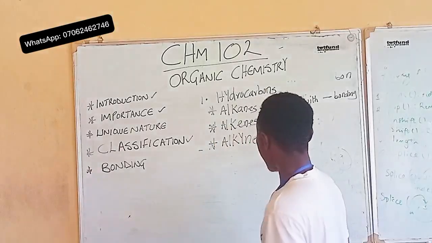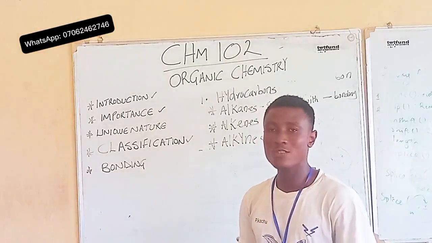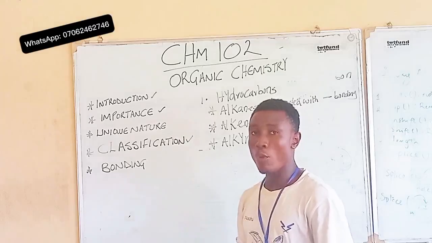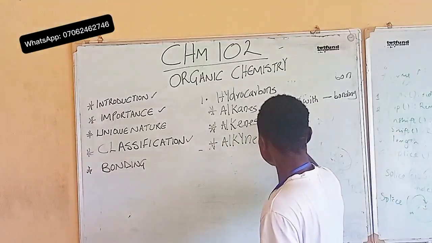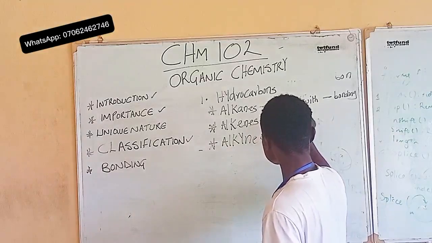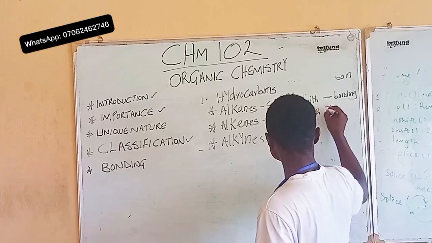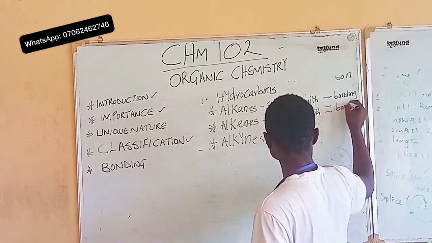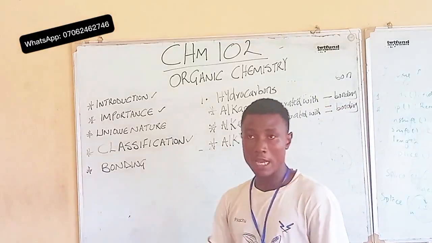Talking about alkenes, alkenes are simply unsaturated hydrocarbons with double bonding. The same also applies to alkynes.